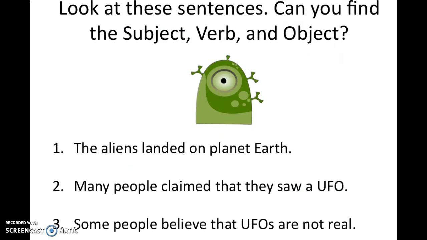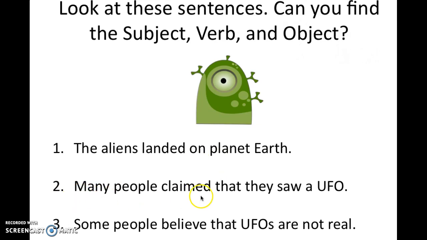Let's look then at these sentences. Are you able to find the subject, the verb, and the object? Well, let's look at the first sentence. The aliens landed on planet Earth. Are you able to locate the subject, the verb, and the object? I'll correct it with you in a second. Let's look at the second one.